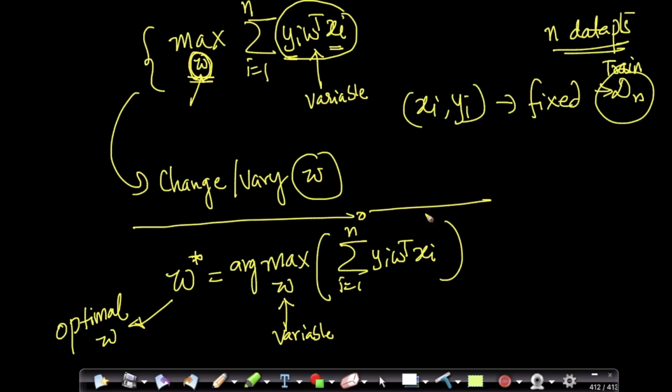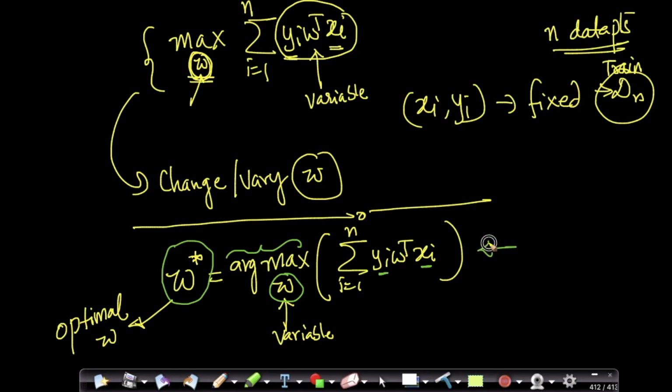Now, this is very important. What this means is maximize this term, of which these are constants because given a data set, they're fixed. My only variable is w, and whichever w maximizes this. Argmax basically means that. Whichever w maximizes this sum, call that variable w star.